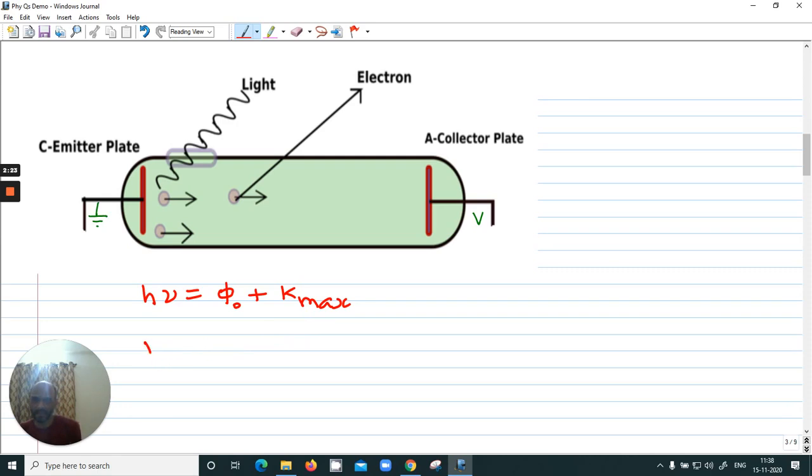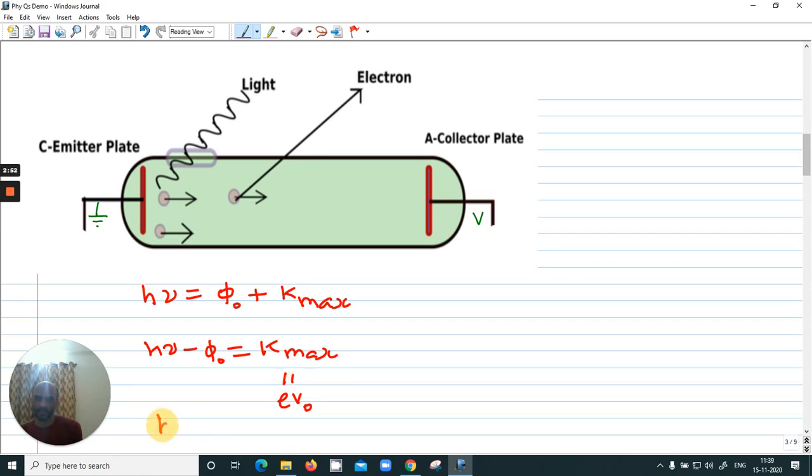This equation can be rewritten as h nu minus phi naught equal to K max. Stopping potential is a negative potential applied to the collector plate so that it stops the maximum energetic electron from reaching the plate. So when the electron overcomes this stopping potential, the work done is e into V naught, and that will go in exhausting the kinetic energy.